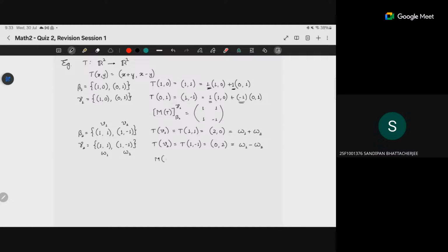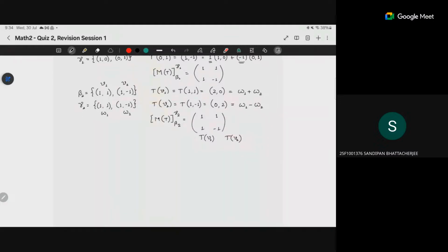So what is the matrix of the transformation with respect to beta 2, gamma 2? The first column will correspond to the coefficients of T of V1, and the second column will correspond to the coefficients of T of V2. So here you get 1, 1, and here you get 1, minus 1. It turned out that the matrix is the same.